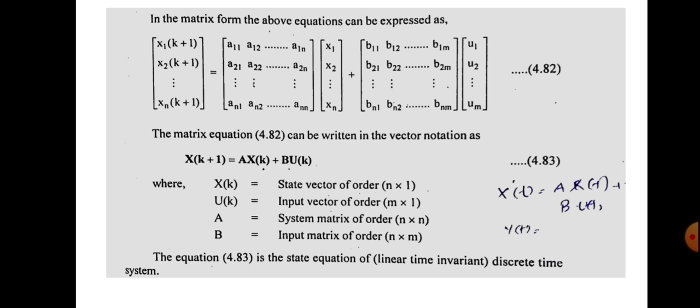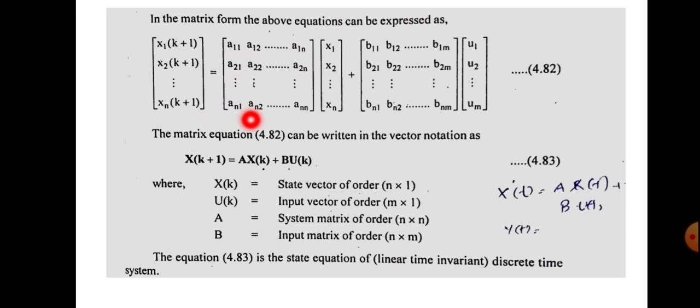So in the matrix form the above difference equations can be written as x1 of k plus 1 to xn of k plus 1 will be equal to, see, the state variables will be multiplied by this matrix, that is the A matrix, whose elements are a11, a12, etc. up to a1n.